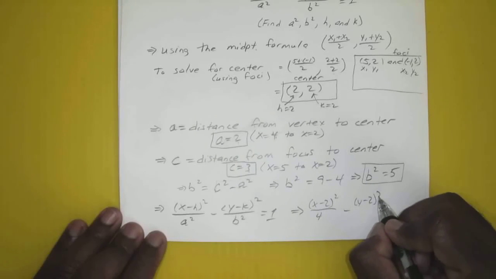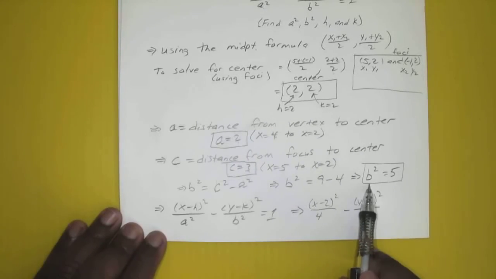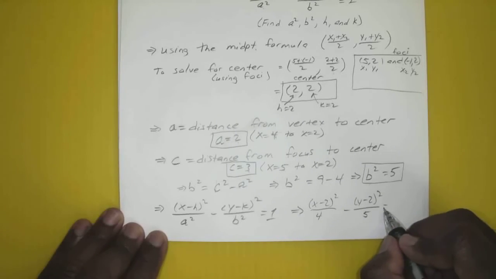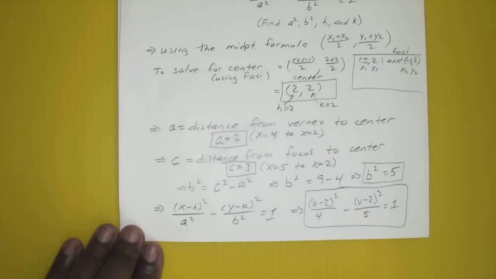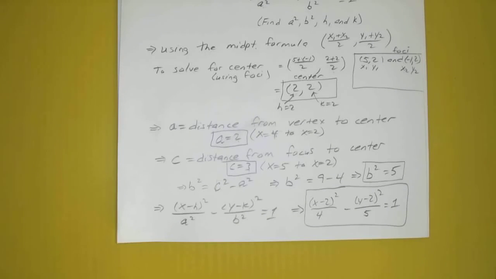So y minus 2 squared over b squared, which is 5, equals 1. Okay, so that would be your formula there. All right, so any questions on that one? All right, I'll leave that up for a second.